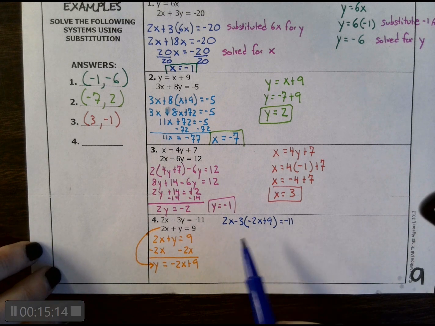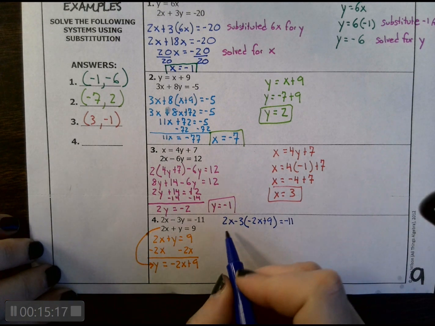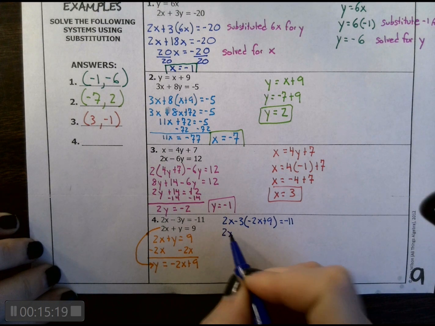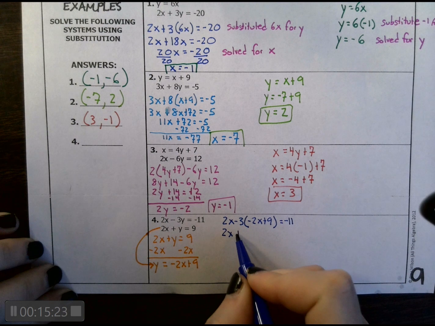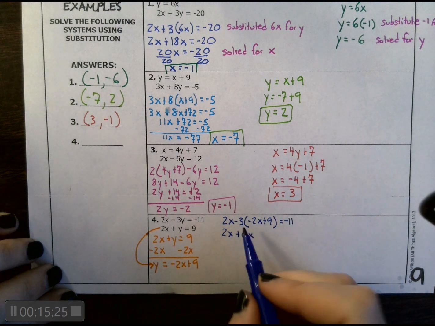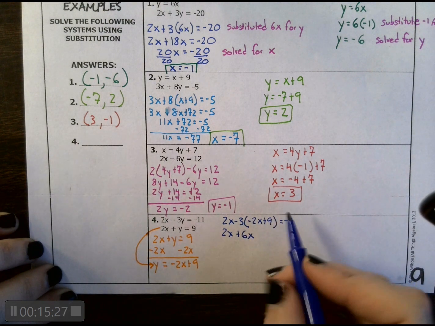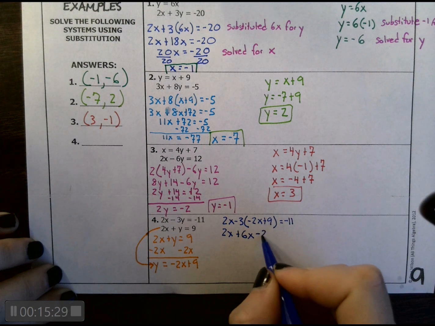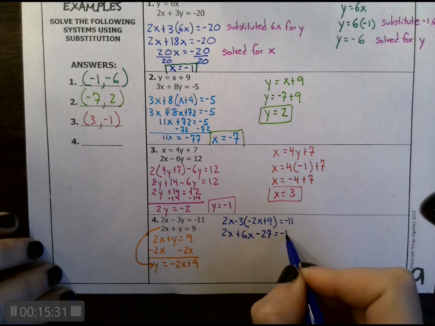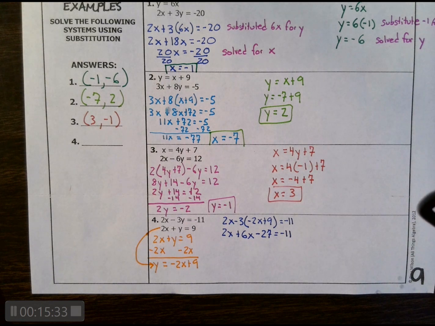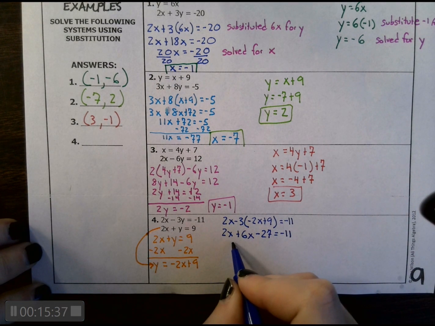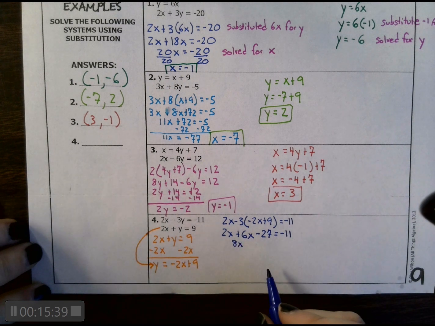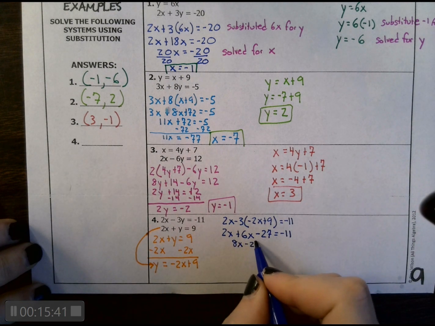So, we have our x's, we need to solve for x. So first thing we need to do is distribute this negative 3. So negative 3 times negative 2x, positive 6x. Negative 3 times positive 9, negative 27, equals negative 11. Combine our like terms, 2x plus 6x gives us 8x.